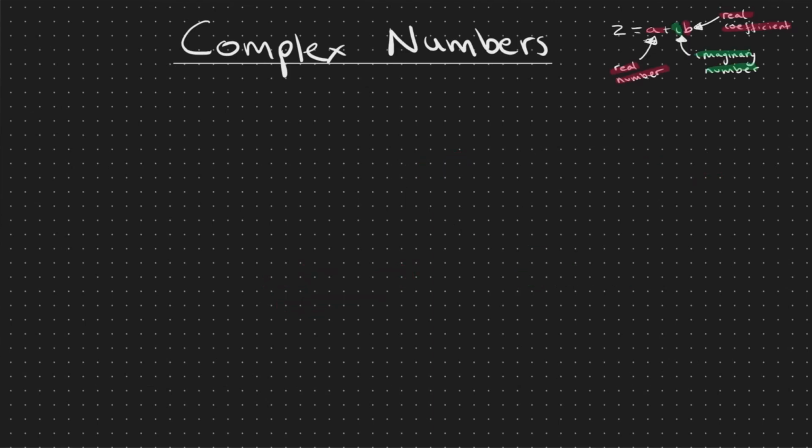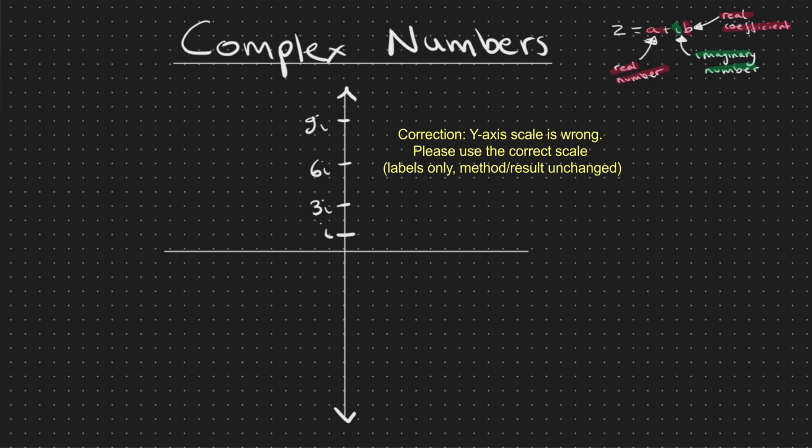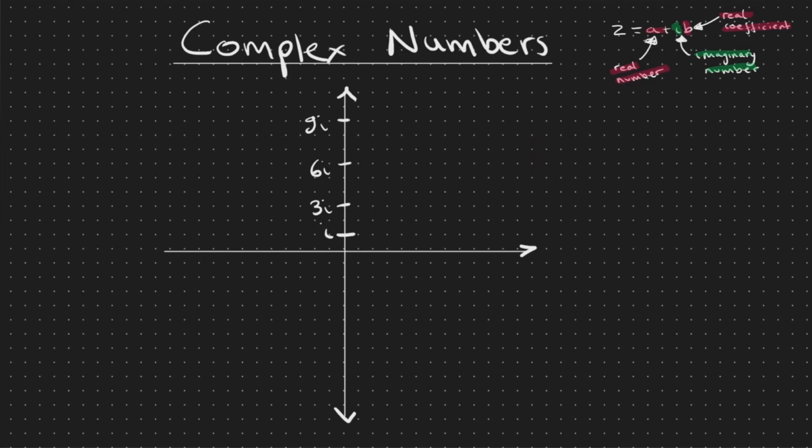We can also picture complex numbers on what is called the complex plane. So if I were just to map this out, here we have a complex plane with the imaginary part on the vertical y-axis and the real parts on the x-axis. So here we have imaginary, and here I'm going to put real.